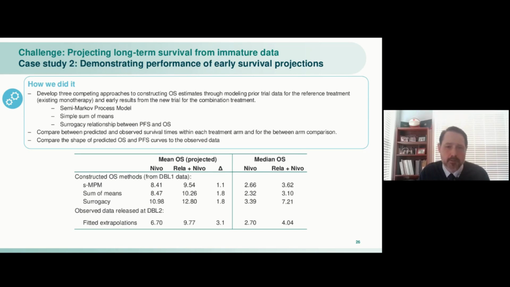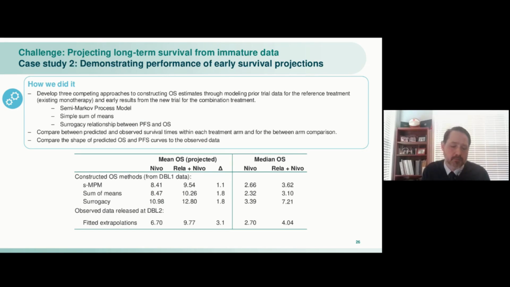So one of the methods that we used is a fairly straightforward semi-Markov process model. It's a 3-state model with pre-progression, post-progression, and death as our 3 states. In this case, we sought to construct an overall survival outcome based on the phase 3 data we had on progression-free survival, paired with historic post-progression survival estimates for the monotherapy that was going to be part of this combination regimen.